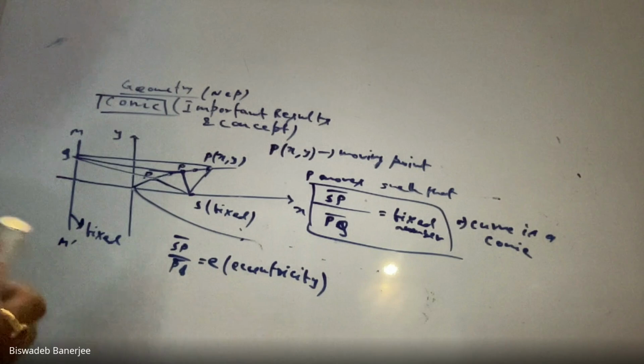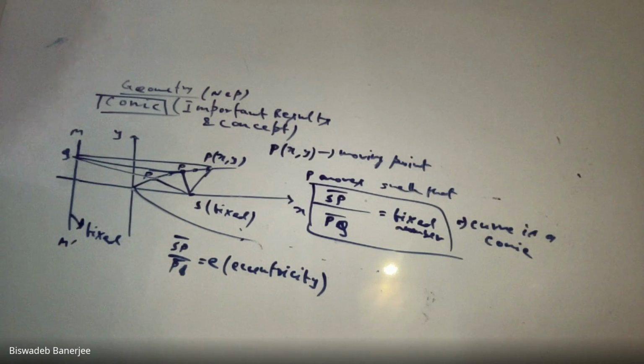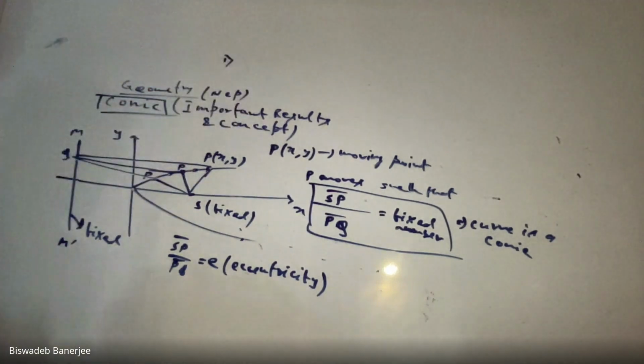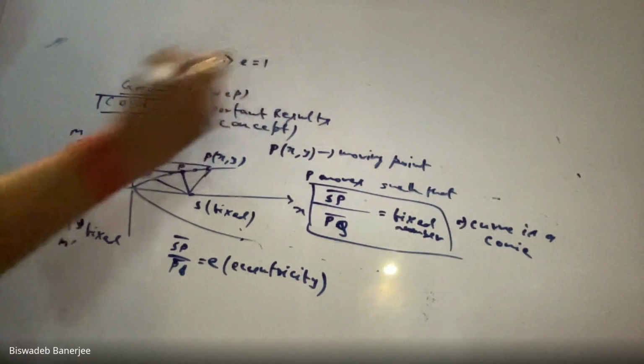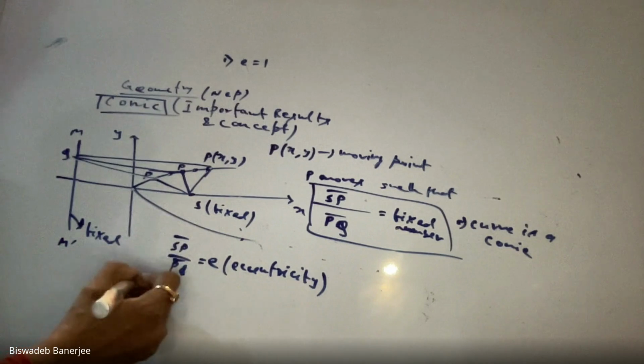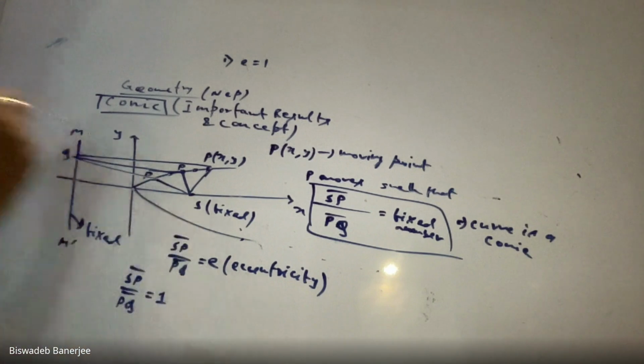Now, based on different values of E, we shall get different types of conics. Number 1. Suppose my E is 1. If my E is 1, that means SP by PQ, this ratio, is always 1.